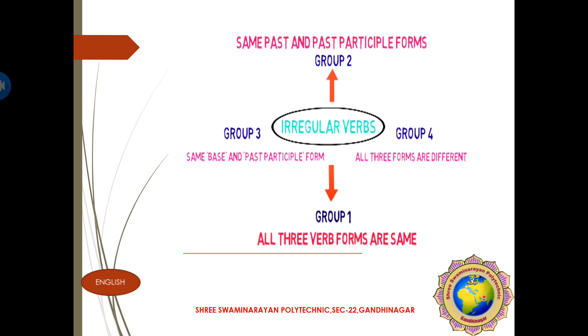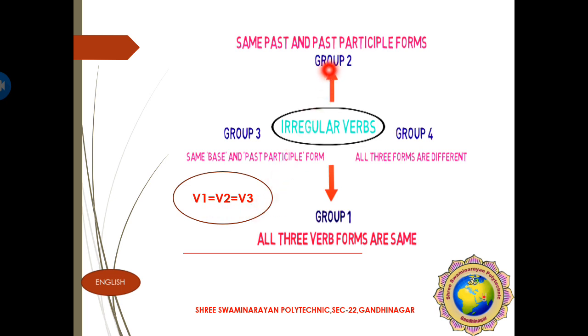So in group 1, all 3 remain the same. It means V1 is equal to V2 is equal to V3. It's called group 1 irregular verb. Remember, irregular verb group 1 is V1 = V2 = V3.